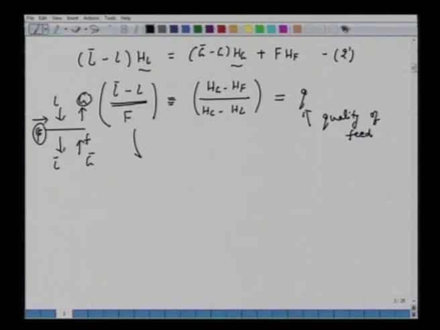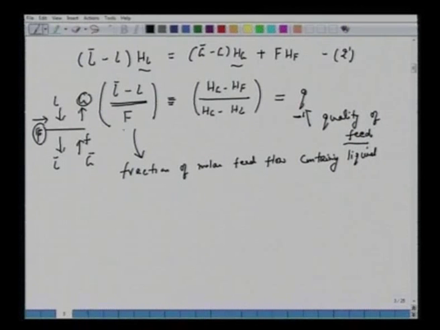Essentially, this first term, if you recognize, all it means is the fraction of molar feed flow containing liquid. All right. So you should be able to recognize that this Q will assume different values depending upon quality of the feed, whether this feed is 100% saturated liquid or 100% saturated vapor, or it consists of some components of liquid and vapor.